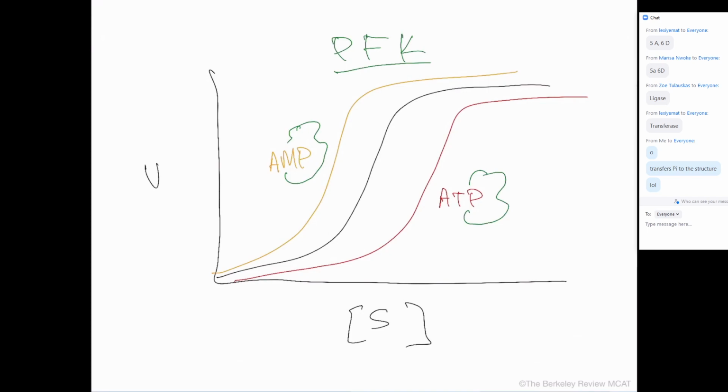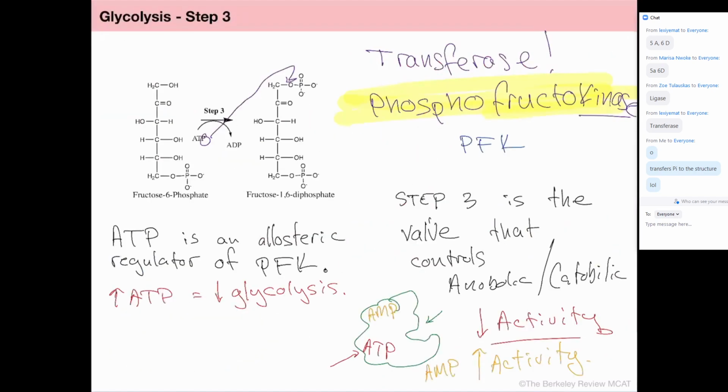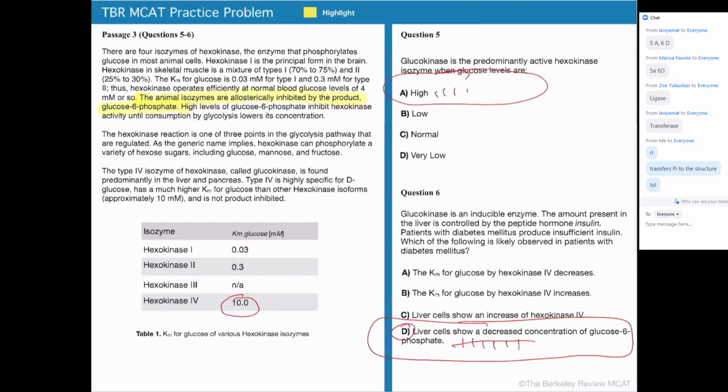So PFK1. This is a cool question. Someone just asked about PFK1 versus PFK2. Those are different isozymes. Remember when we were talking about hexokinase 1, 2, 3, and 4?